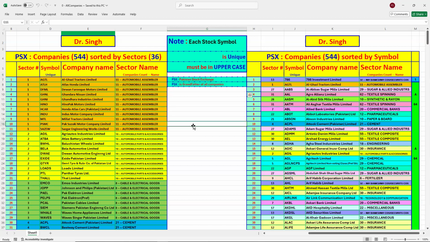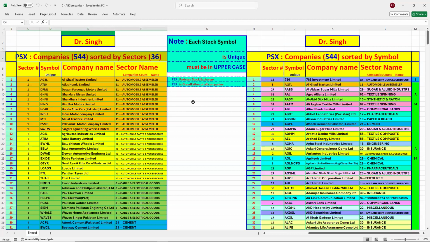PSX refers to Pakistan Stock Exchange, and PSX is the grandfather of all companies, which basically means that it looks at, keeps an eye on all the publicly traded companies in Pakistan. If you look over here, always follow the mouse.